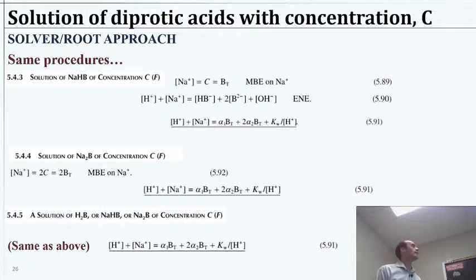If we add NaHB, that's a little different than adding H2B in terms of how much concentration we've added. However, everything else is the same. So all we have to do is adjust that. In this case, for Na2B, Na is equal to twice the concentration of our acid, whereas for NaHB it is equal to 1 times.